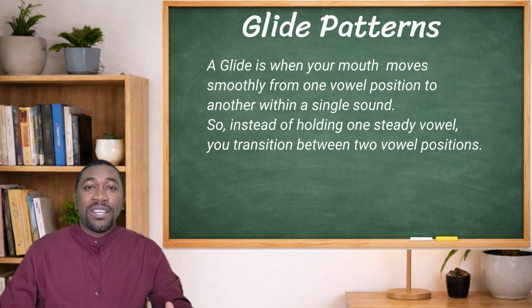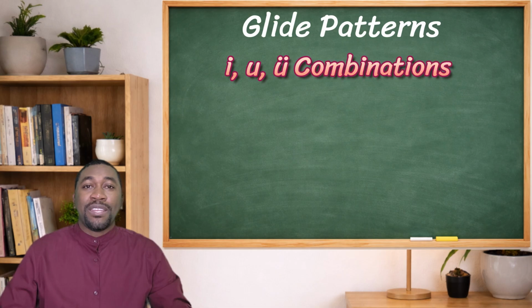So for these combinations, you'll hear each vowel sound a bit more clearly than with the diphthongs. So that's the main difference. And when we get to tones, you'll find that for these combinations, the tone marks are on the second vowel, which is very important to remember. So let's look at some examples.